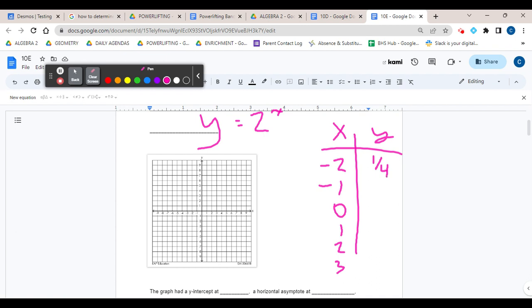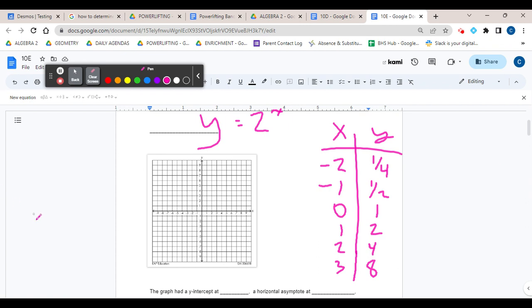If x was -1, y would be 1/2. If x was 0, y was 1. If x was 1, y was 2. 2 to the second power is 4. 2 to the third power is 8. And so on and so forth.